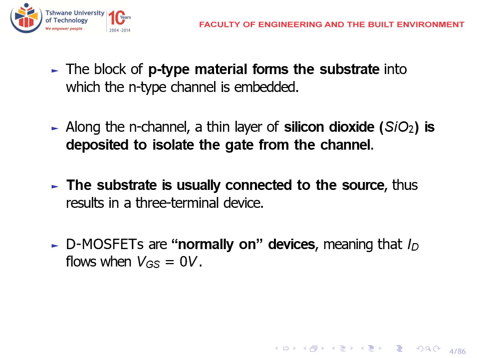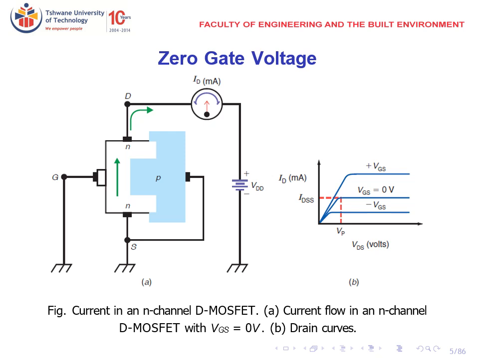D MOSFETs are normally on devices, meaning that ID flows even when VGS is equal to 0, zero gate voltage. So here we have current in an N-channel D MOSFET with VGS equal to 0.